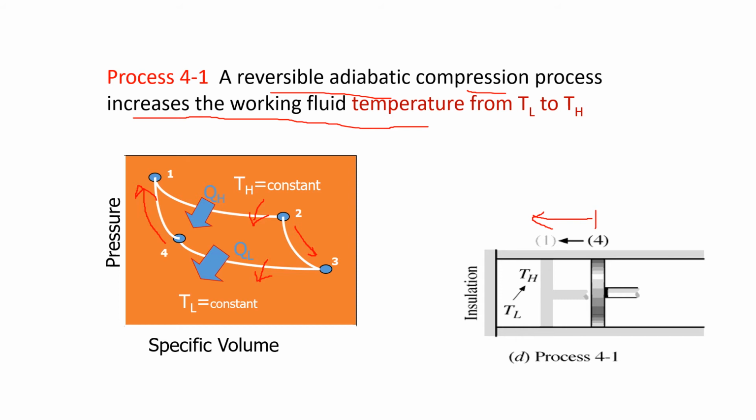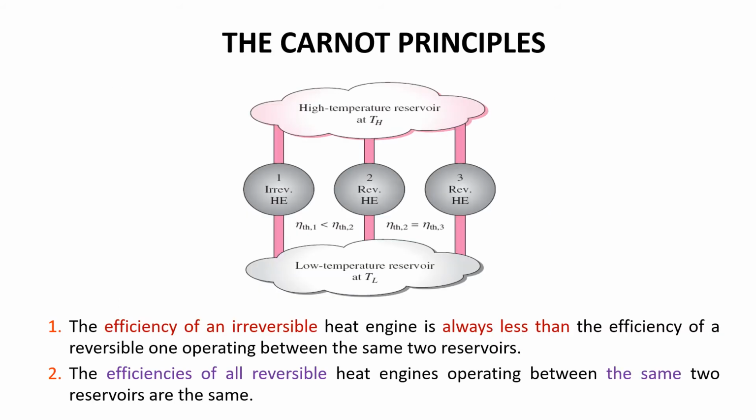It is back to its initial state. So in this Carnot principle, you have a high temperature reservoir which gives TH just now, and you also have a low temperature reservoir where the heat is released, TL, so that it becomes a lower temperature again.